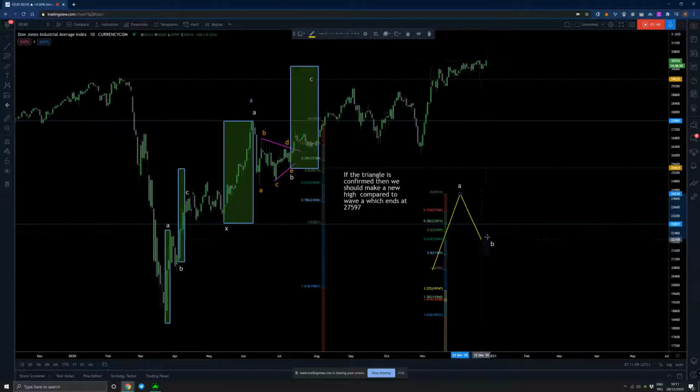Whenever you have a B wave that is less than 618, and wave A does look like an impulsive move, you should ask yourself a couple of questions.